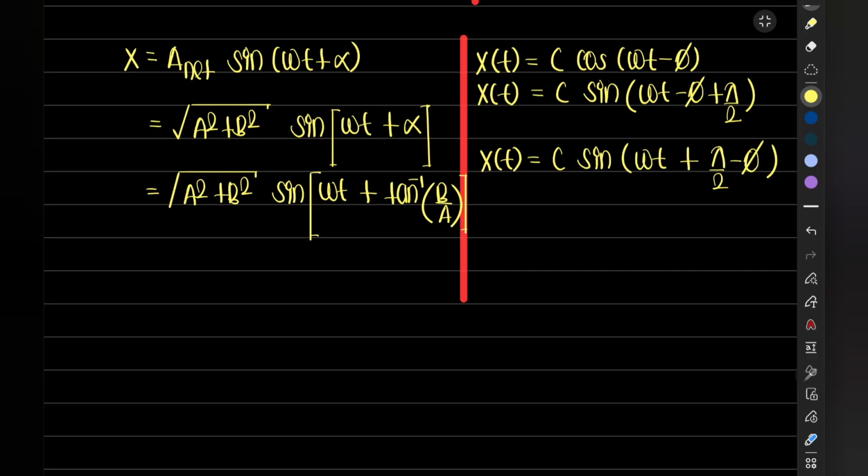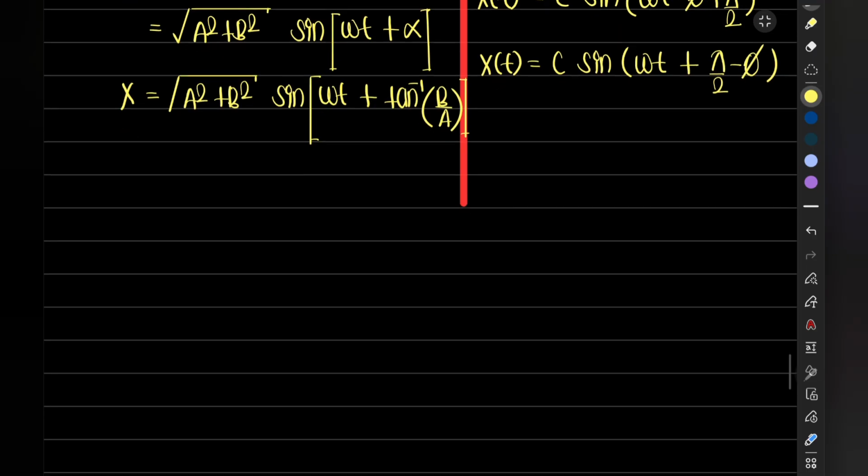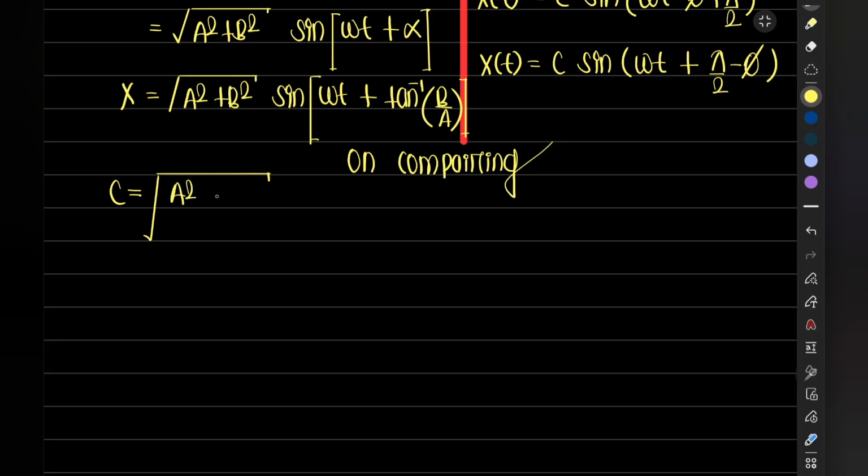Okay, now let's compare. So on comparing value of c, it will be under root a square plus b square. So on comparing, we will have our c as root of a square plus b square.